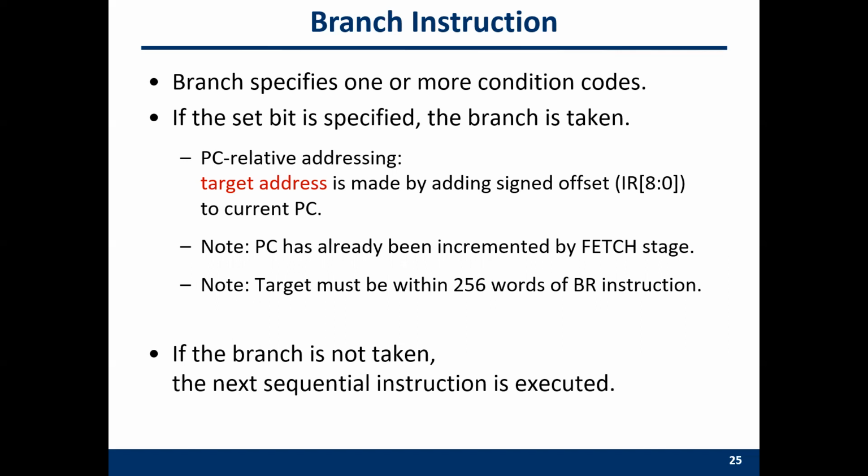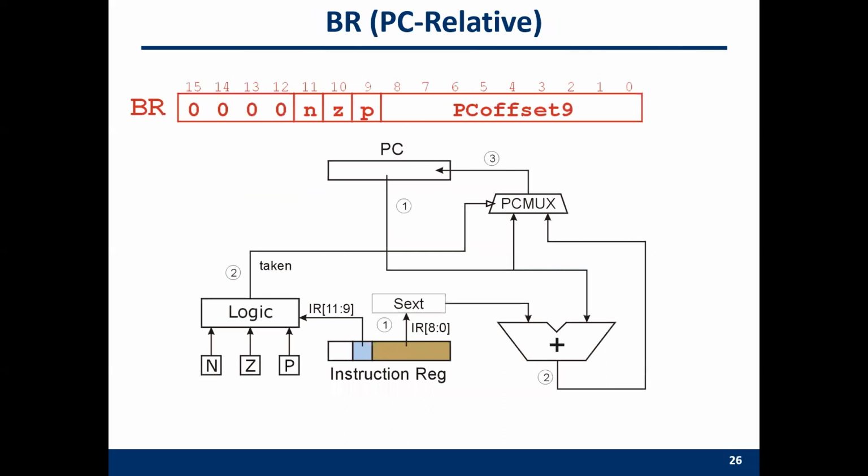So this offset is actually the jump distance you will add on the current PC. So if the branch is not taken, then you need to run the code sequentially. So this is the branch instruction.